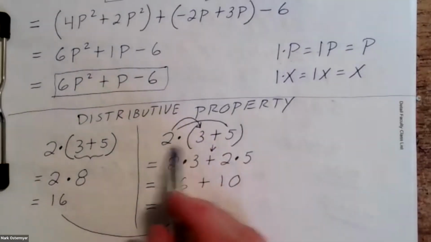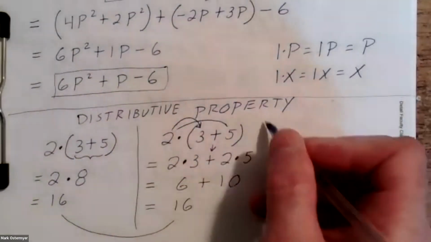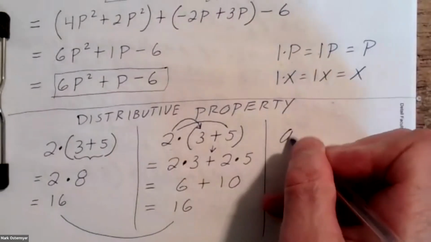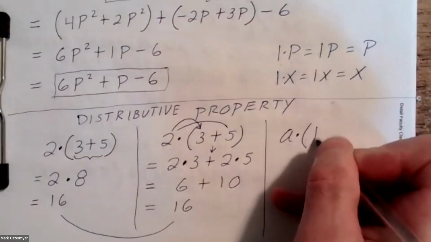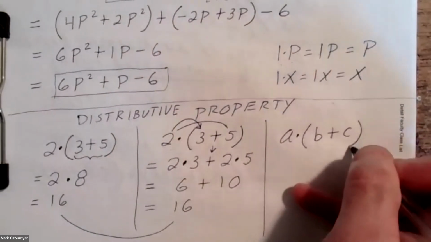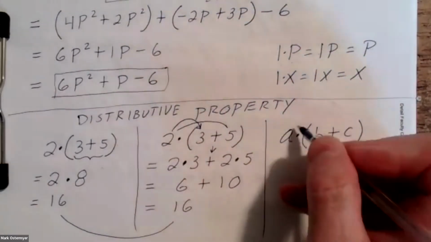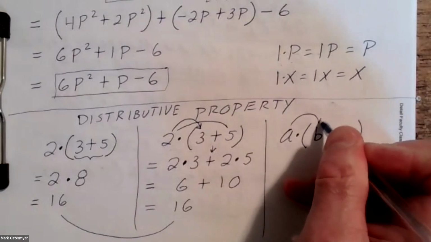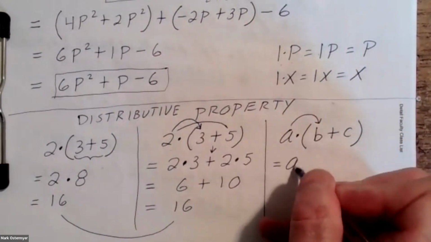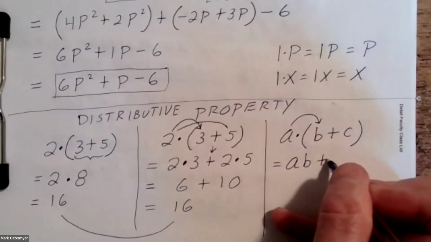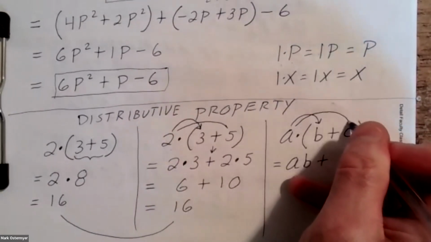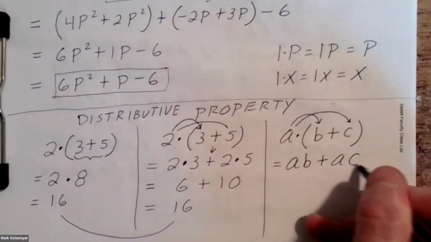This is illustrating a very important property called the distributive property. In general, that property says if you have a number outside a set of parentheses, you can multiply that number into all the terms inside your parentheses. So A can get multiplied by B to give us AB, plus A can get multiplied by C to give us AC.